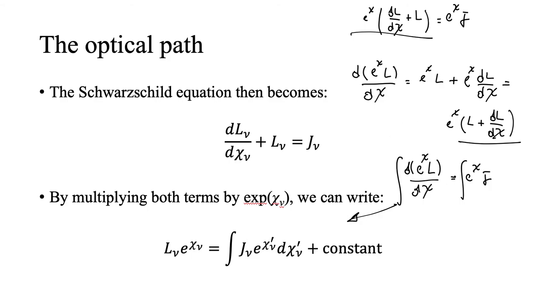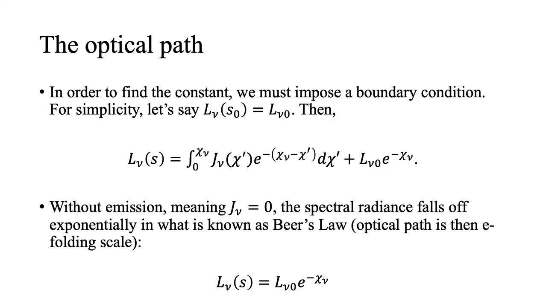The integral of a derivative is just the argument of the derivative, and the integral on the right is more complicated now, plus a constant, obviously. We could find the constant if we say, for example, that at a particular point at 0, the spectral irradiance has to be L_ν0, and then you get to this generic solution.